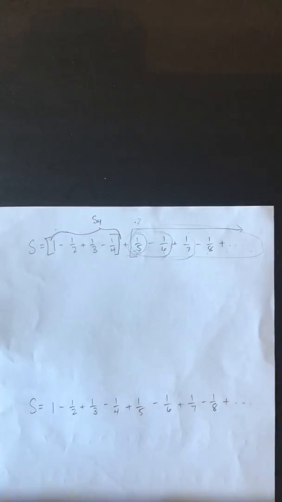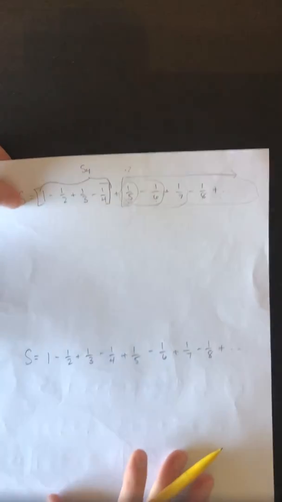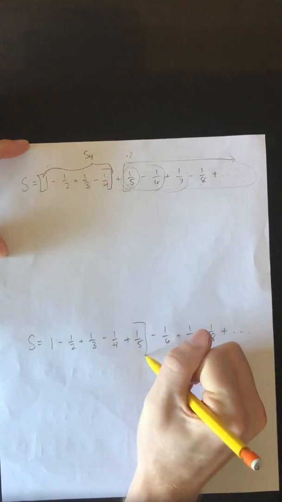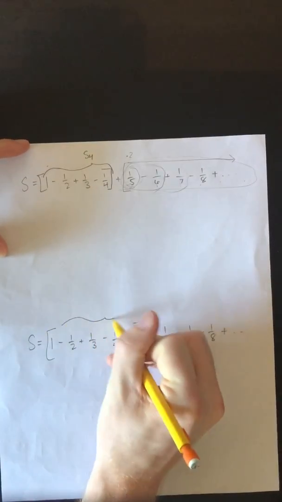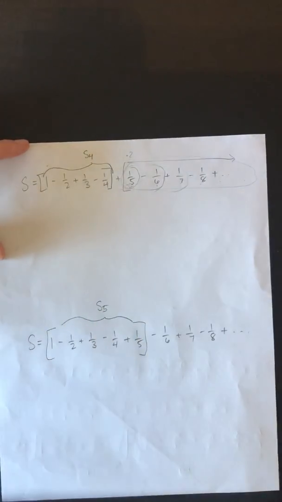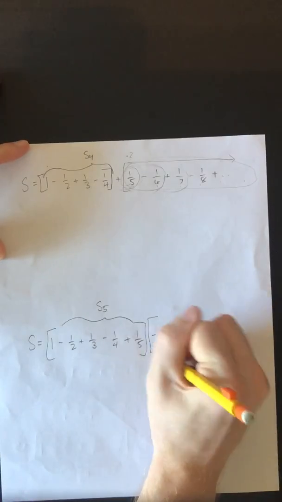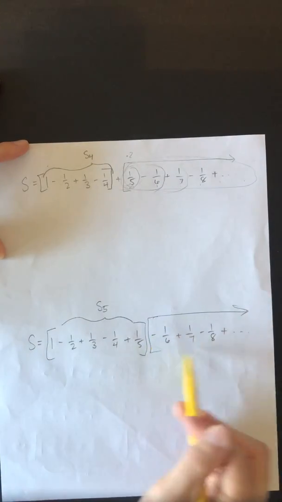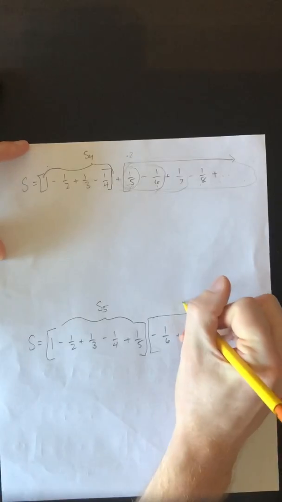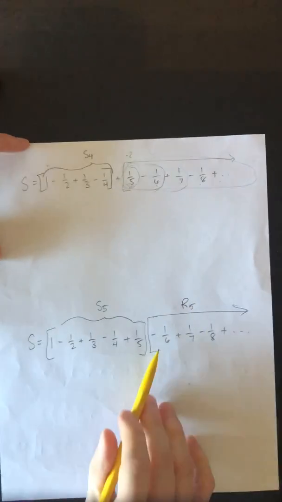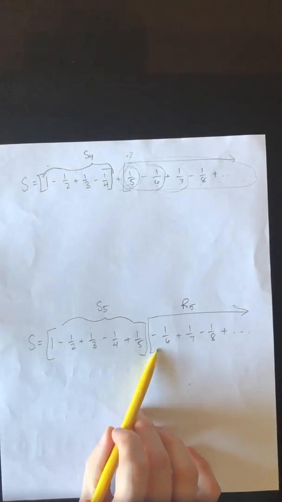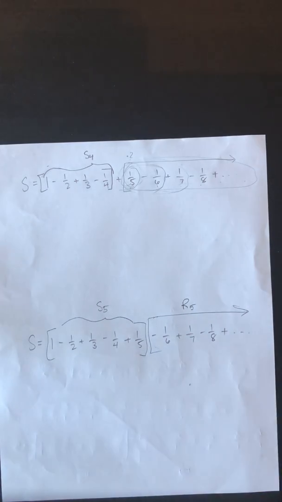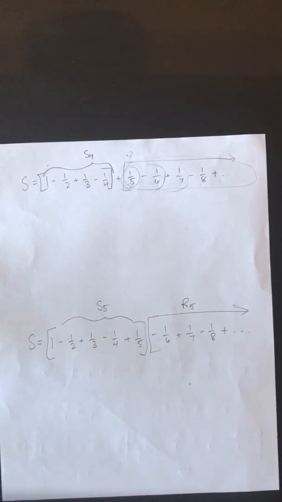Because it alternates. Let's look at the same series, but what if I do the 5th partial sum? Then my error would be all of the terms in the tail added together, starting with the 6th term. Again, the first term being negative means your error would be negative. That tells you whether you have an under or an over approximation.